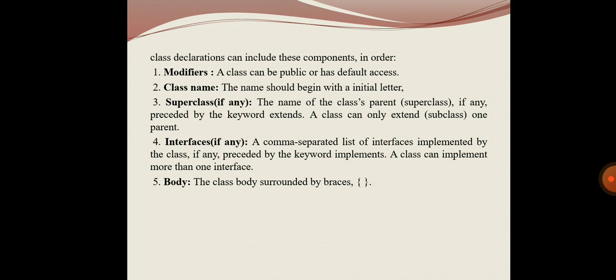Then interface, using the keyword implements we can implement the methods of an interface, and the body is surrounded by braces. So these are the class declaration, which can include the components of modifier, superclass, interface as well as body of the class.